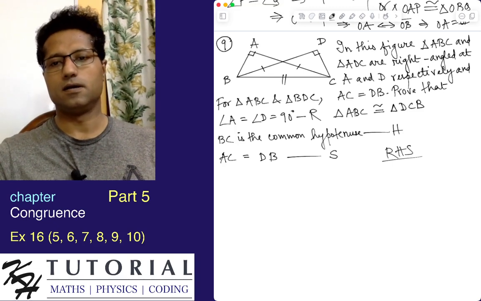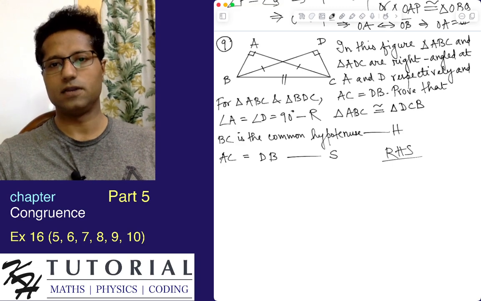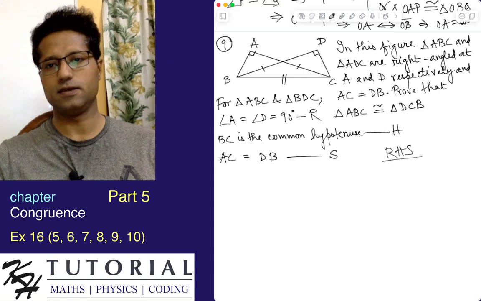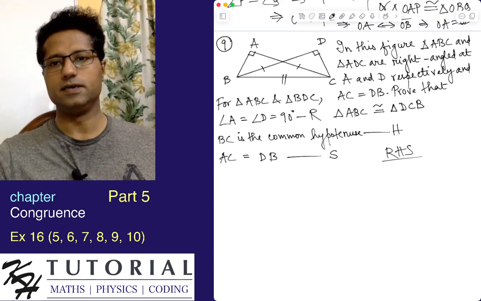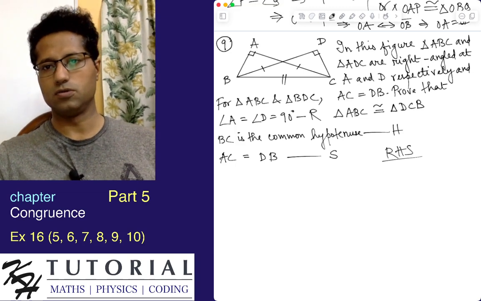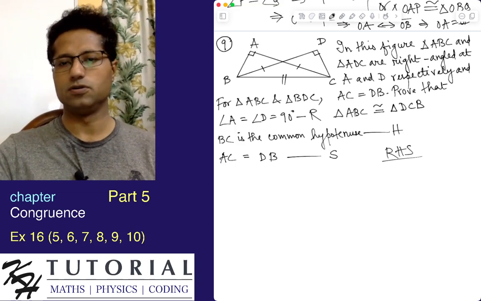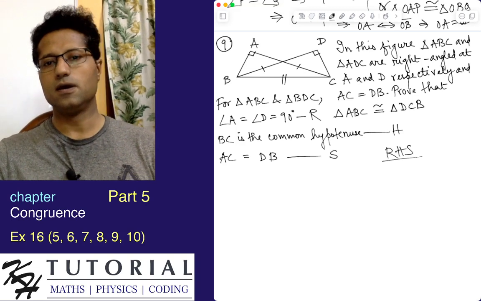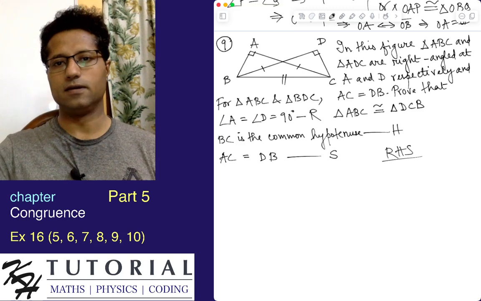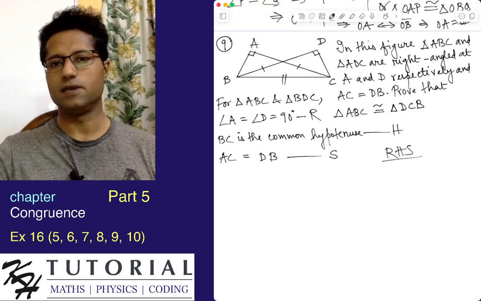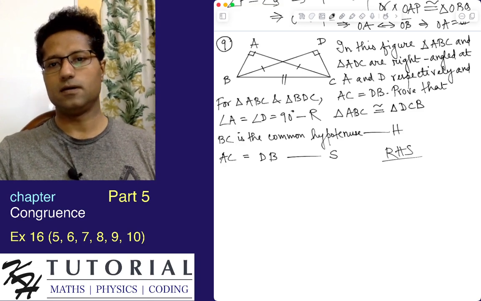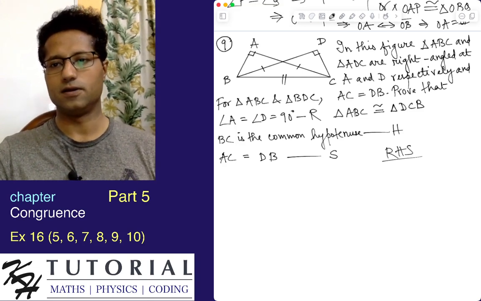The right angles: angle A is equal to angle D, both right angles, angle A from triangle ABC and angle D from triangle BDC. The hypotenuse is the same, because BC is the hypotenuse of both triangles, so we have H. And the arm AC in triangle ABC is equal to the arm BD in triangle BDC. So we have the side, RHS.